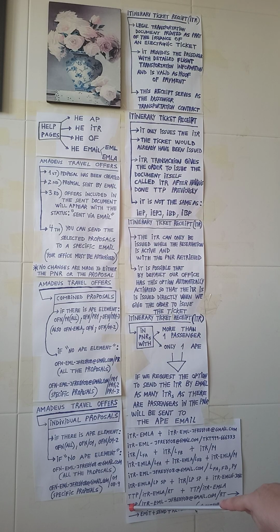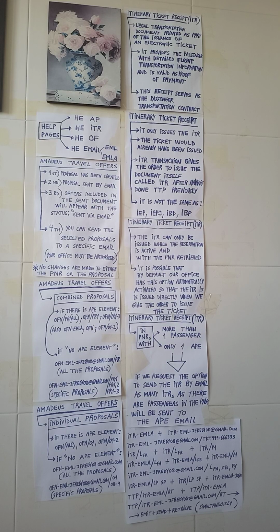The last transaction is this one, TTP/ITR-EML-the email address/RT. It's similar to the first of the 2 previous transactions. So this one is similar to this one.